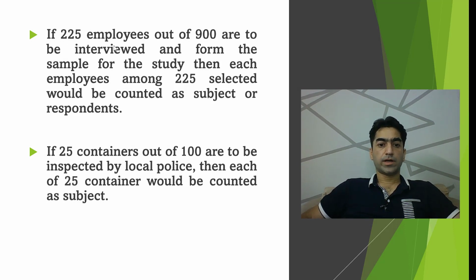If 225 employees out of 900 are to be interviewed and form the sample of the study, then each of the 225 selected would be counted as a subject or respondent. So all the individuals falling in the category of the sample are going to be treated as subjects.